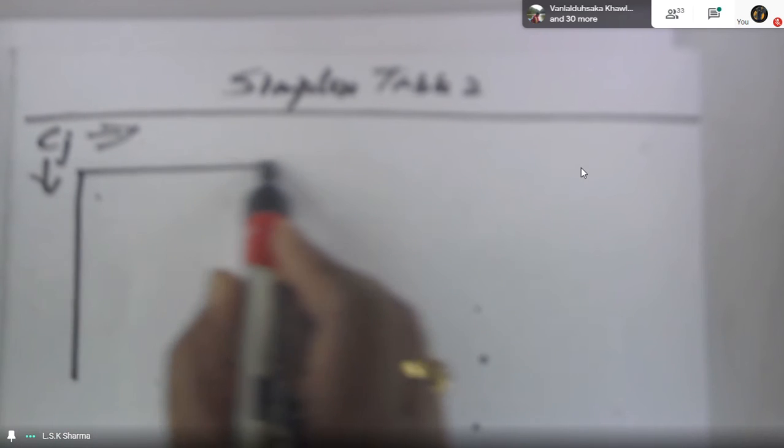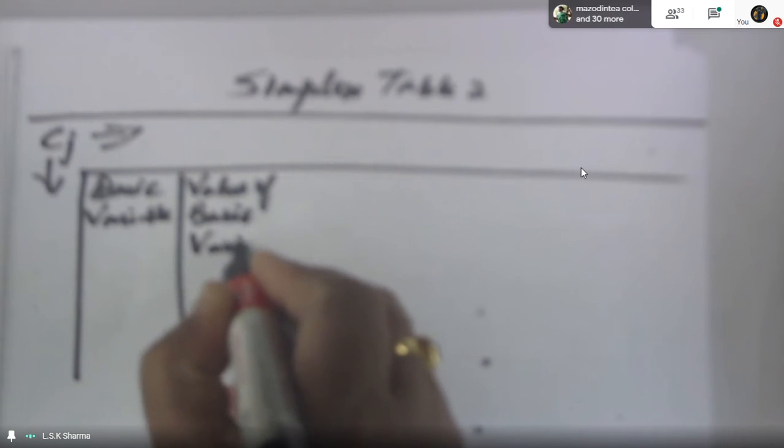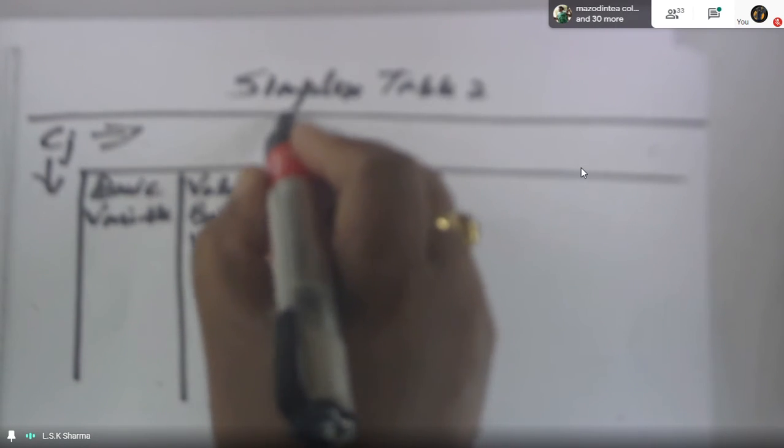Then draw one column, cross like this and write basic variable, then draw a column again, value of basic variable, then draw a line from top and draw a line across.